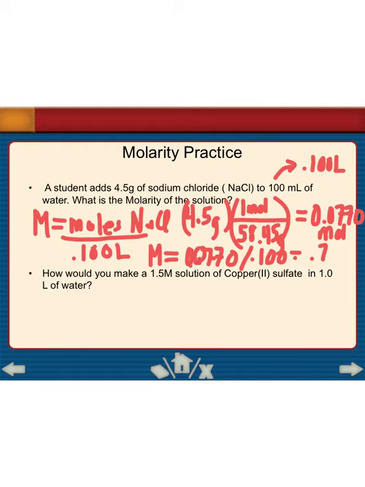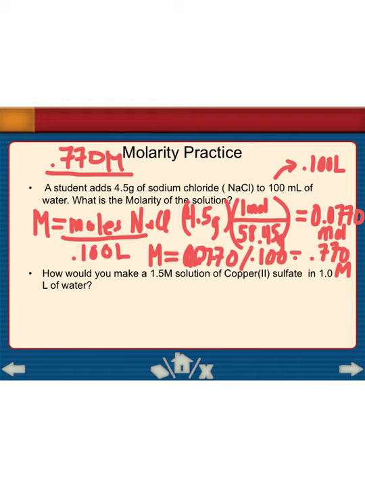So this is 0.0770 divided by 0.100, and that will give you 0.770 molar. This is 3 sig figs, so we might even want to round to 0.770 molar. Okay, and that's the answer for the first problem.